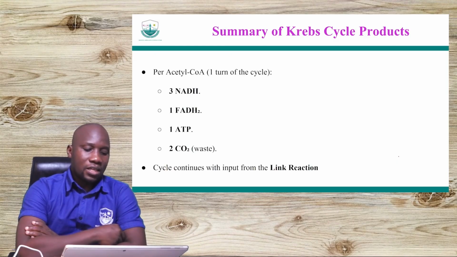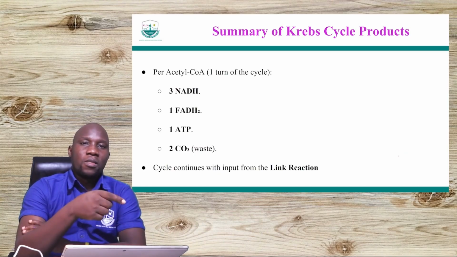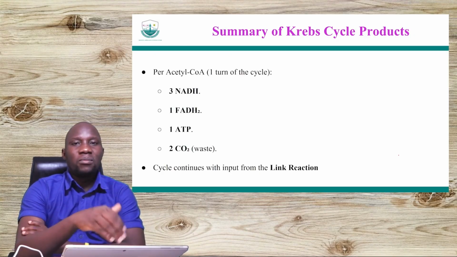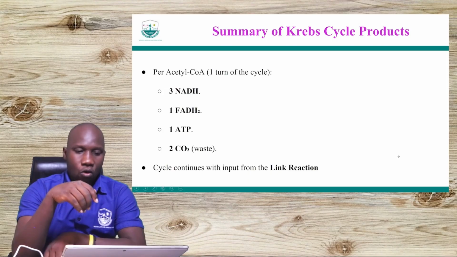The cycle will keep running as long as we get what we need from the link reaction. The link reaction gives the intermediates that will enter into the Krebs cycle.